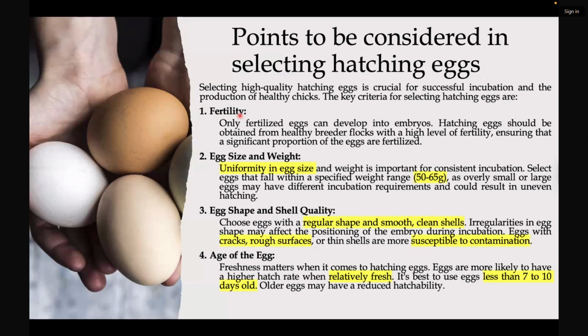Now the problem is that there is no way we can know that the eggs are fertile when we purchase them, maybe at 2, 3, or 4 days of age of the eggs, right? So we do not know. That is why if we want to buy eggs from non-renowned companies, we should visit the company frequently before purchasing.